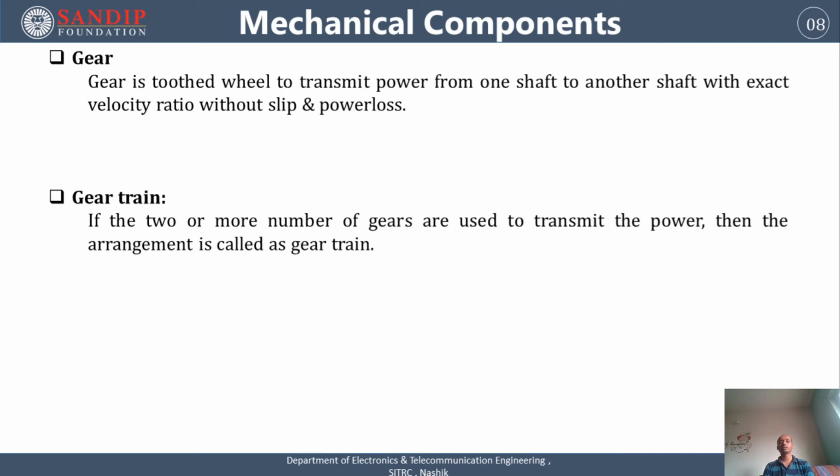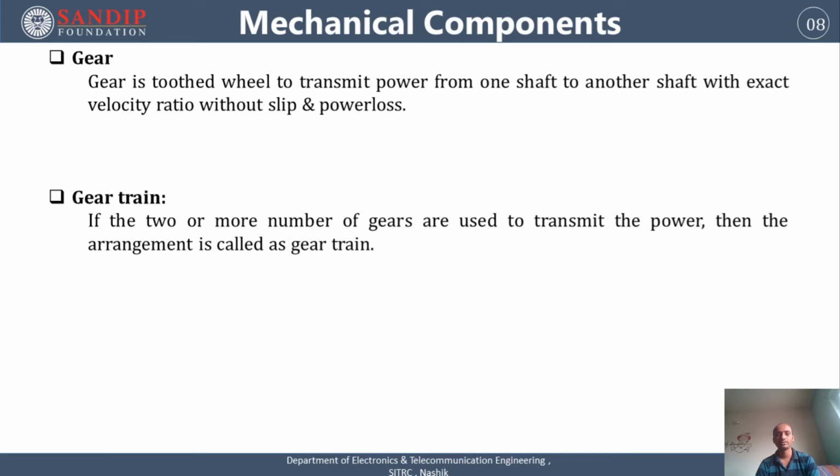In mechatronics, whenever we have to transmit the power from sensors to the mechanical load, as sensor signals are very small, they cannot be used to perform the actions on the mechanical load or to move the mechanical component from one position to another position. In this case we have to use gear, because gear is a toothed wheel specifically used to transmit the power from one shaft to another shaft with exact velocity ratio without slip and power loss.